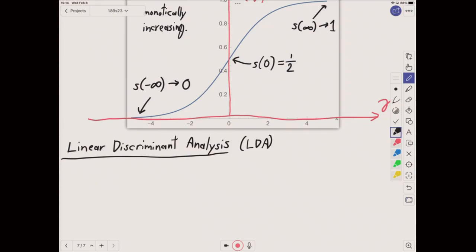Linear discriminant analysis can be viewed as a special case of QDA where every class has the same variance, or the same covariance matrix if you want to look ahead to next week. So LDA is always going to give you linear decision boundaries. You're never going to get curvy decision boundaries. That's a side effect of the fact that we're assuming every class has the same variance.